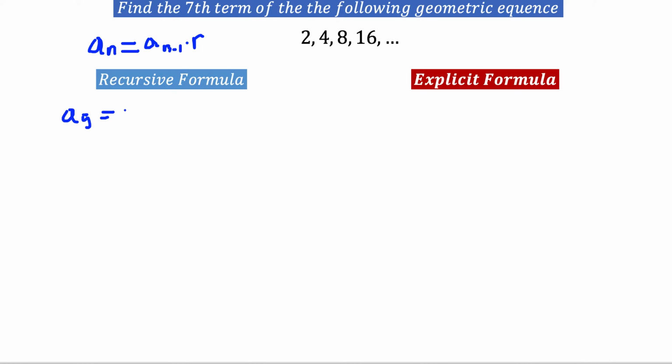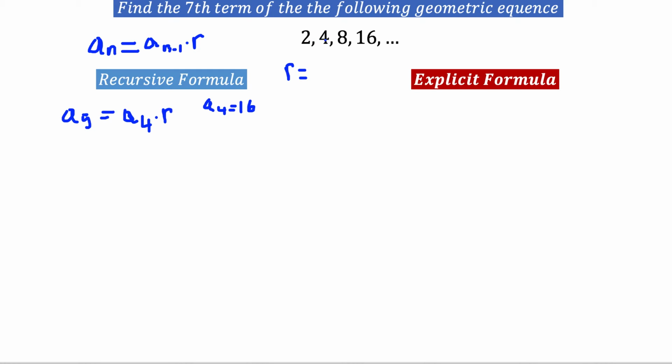Now we are looking to find the fifth term, a_5, because we cannot find the seventh right away. a_5 is a_4 times r. We already see a_4, term 4, is equal to 16, and the common ratio r is equal to the current term divided by the previous term.